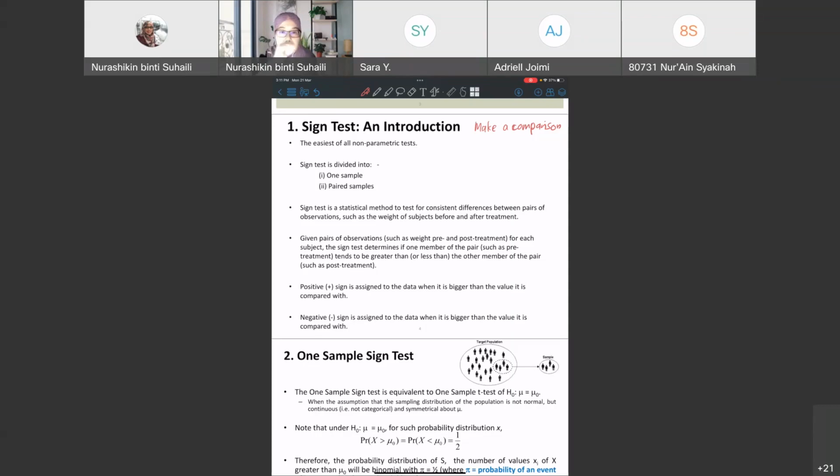Sine Test is one of the earliest and simplest tests. The reason it is the simplest is this: when we make a comparison, for example, let's say you want to compare your marks for a course. I got, let's say, 70.